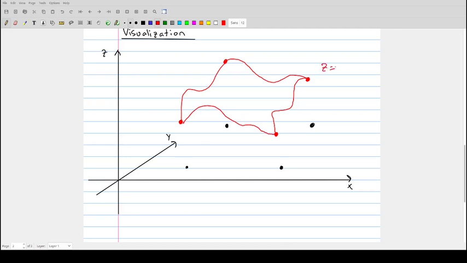So this is our surface, z equals f of x, y. Maybe it comes up like this and then goes down. And same thing here. Suppose it comes up like this, kind of goes down to that.